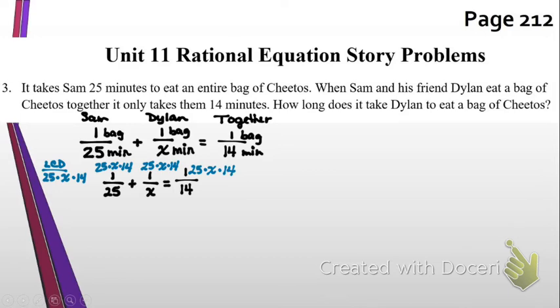So what cancels out in my first fraction? 25. That's going to leave me 14x plus what cancels out in my second fraction? X cancels out, so I need to do 25 times 14. 350. You said 350? Yep. Okay. Equals what? 25x.